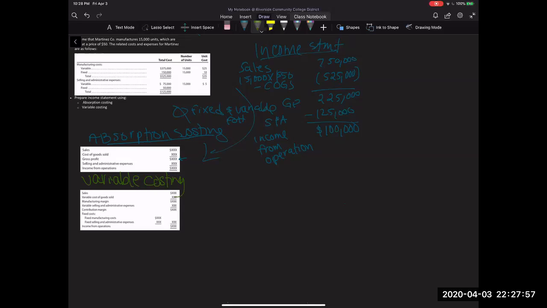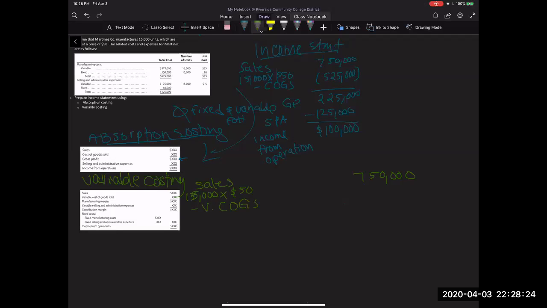So let's start off the same way. Our first thing we have is sales. And we're going to calculate sales exactly the same. The way we do this is the number of units, which is 15,000 units, times the selling price of $50, right? So our sales amount is 750,000. Now what makes this different is now we're going to subtract out our variable cost of goods sold.